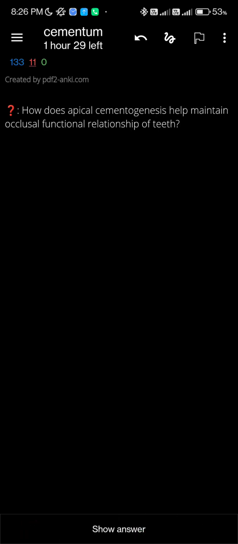How does apical cementogenesis help in maintaining the occlusal functional relationship of the tooth?